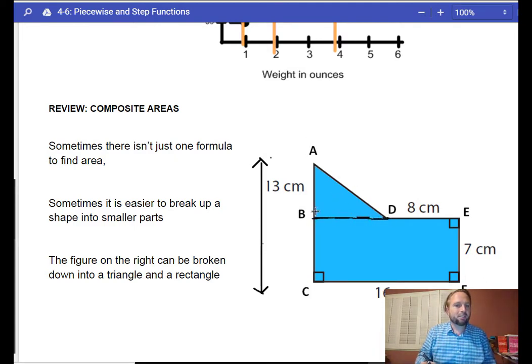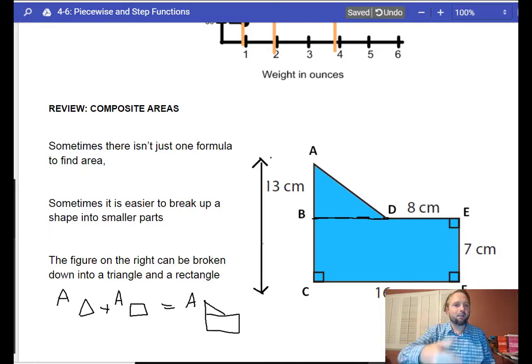So we can figure out the area of the triangle plus the area of the rectangle, which will equal the total area of the whole thing put together. Now we just have to figure out the sum of its parts. If you can't figure it out by itself, break it into its pieces and figure that out.